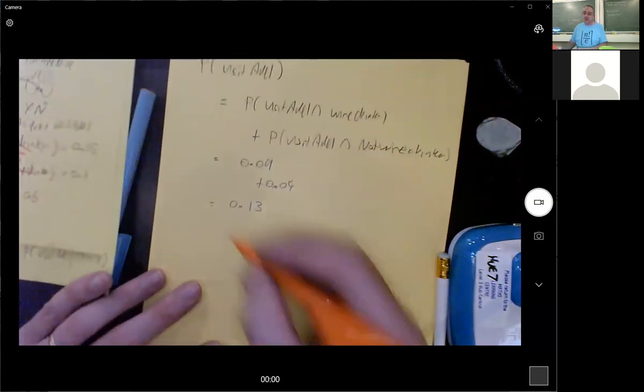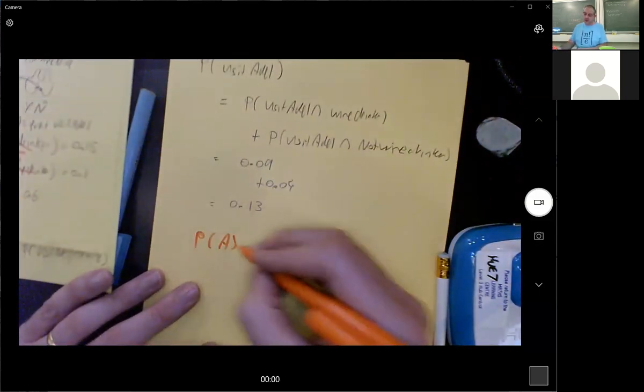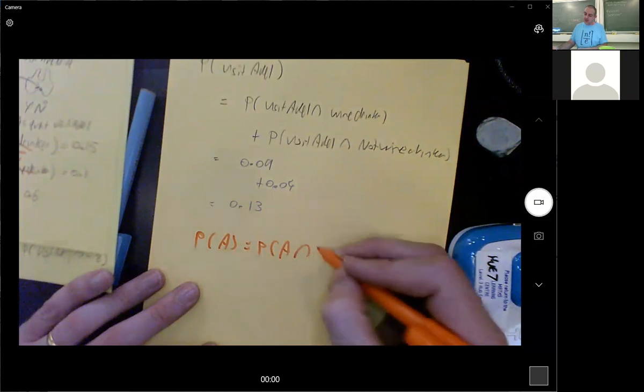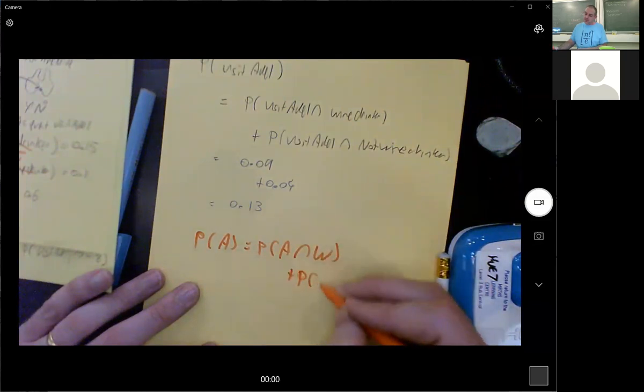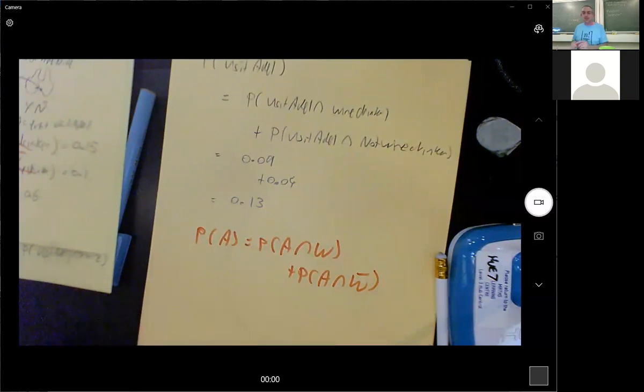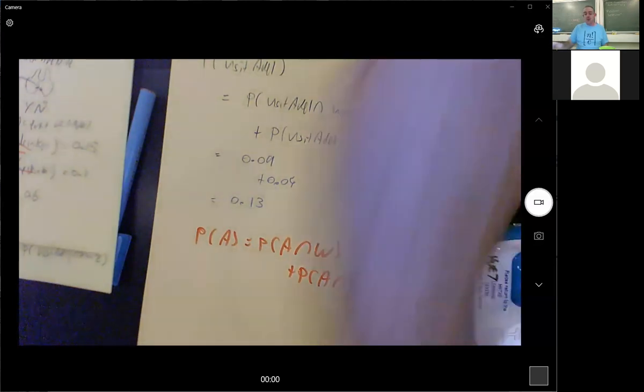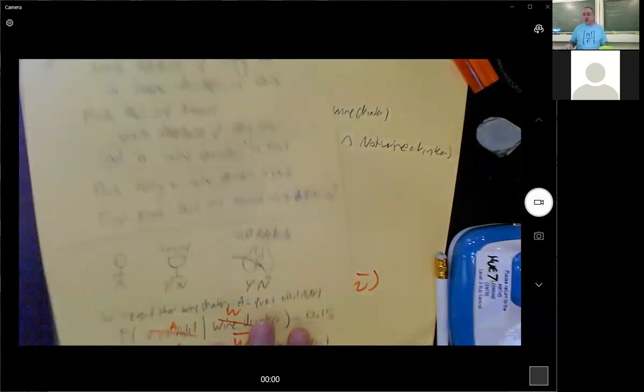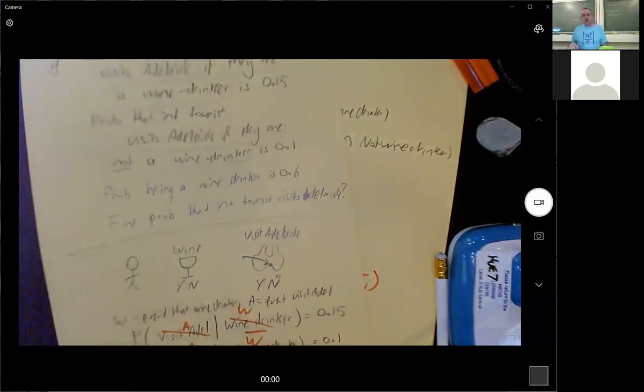So the working would have been a little bit shorter at the end. This one would have been probability of A is probability of A and W plus probability of A and W bar. So you could have written it all in probability notation by right at the beginning saying a letter that stands for the name of the event.